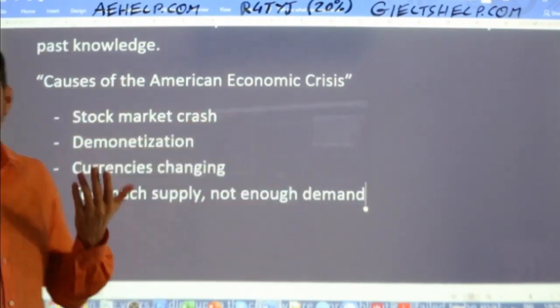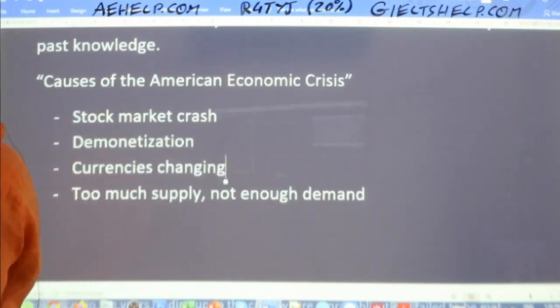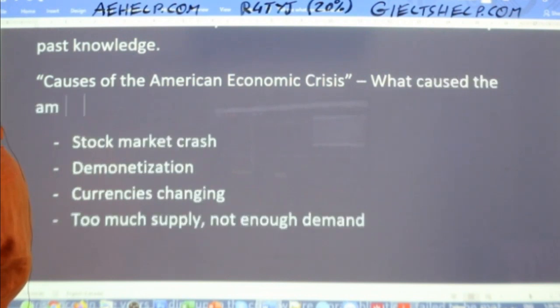So another way you can think about this is what I would do if I were to read this title, is what I would think about the question: what caused the American economic crisis in 2008?